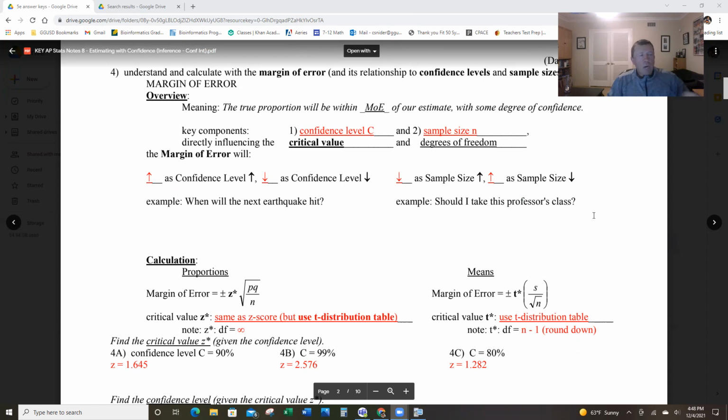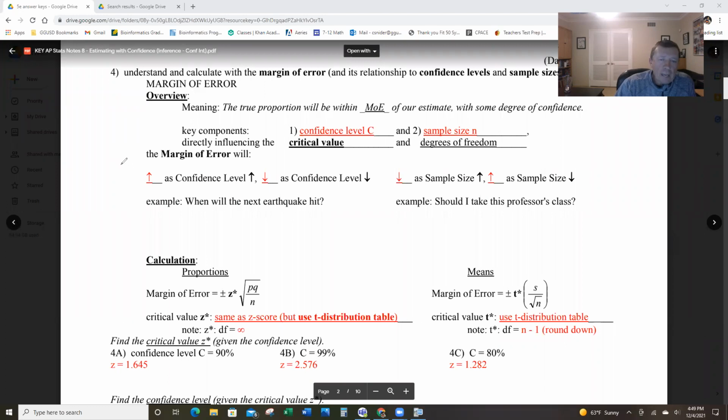If I want to be 99.999% confident, if my mom asks me when I'm going to be home, I could say I'm going to be home between 4 o'clock this afternoon and next Friday. That would be 99% confident, but it doesn't really help, right? I have the arrows here to talk about this.